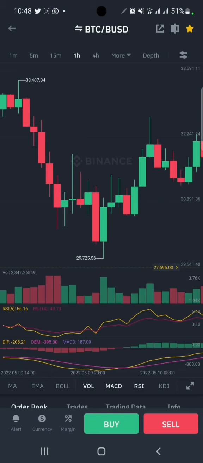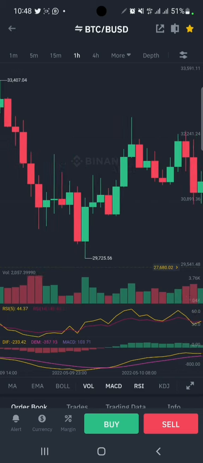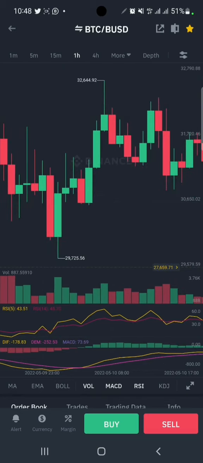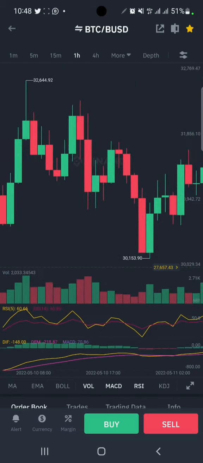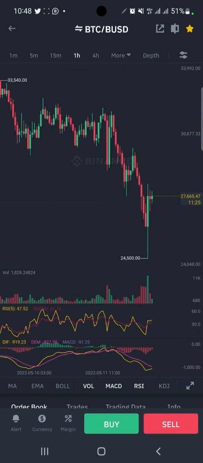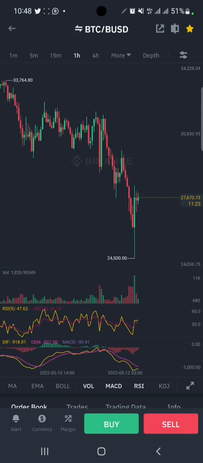Remember, the DEM crossed under to indicate the beginning of an uptrend, and it did that here. Then it went all the way here, and when it crossed back it's going sideways, because that's the action of the price. And then when the price came down, it showed you that.